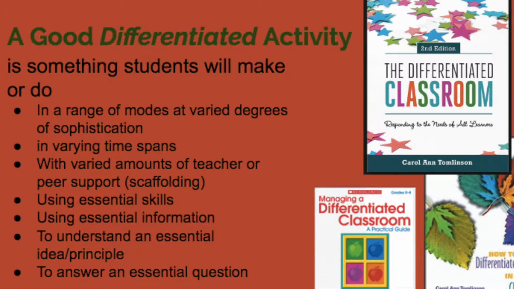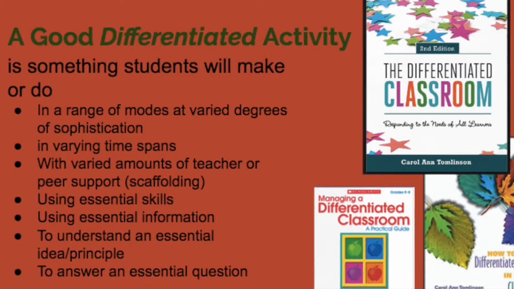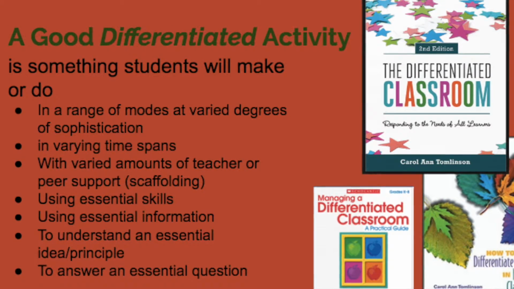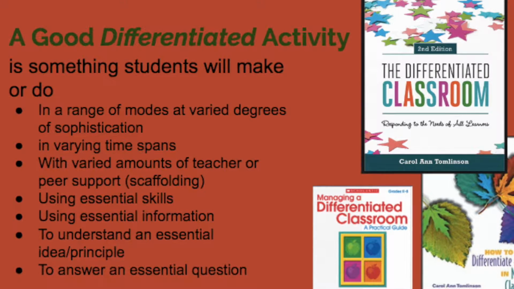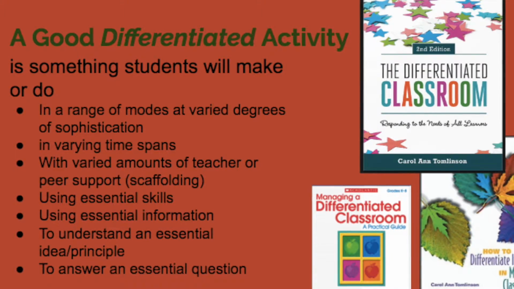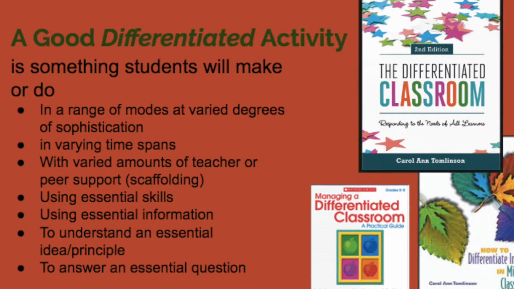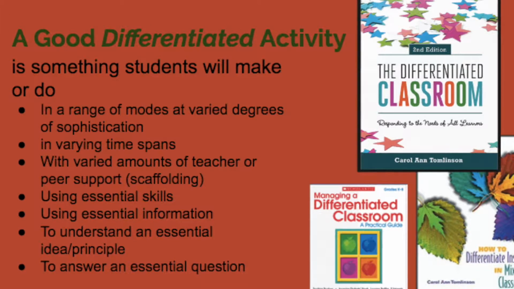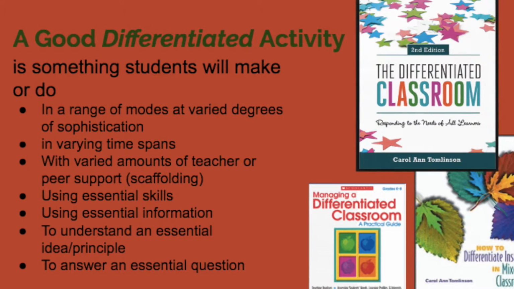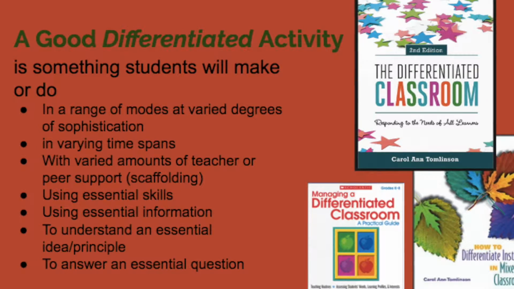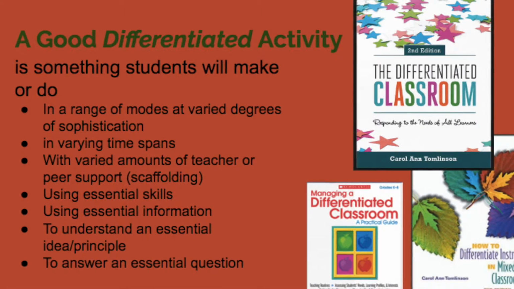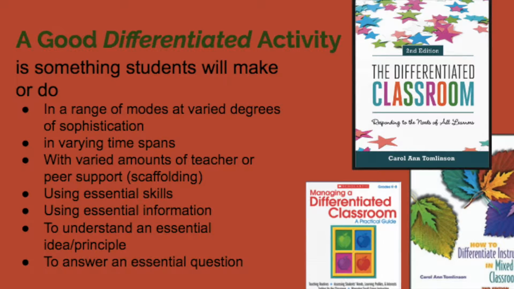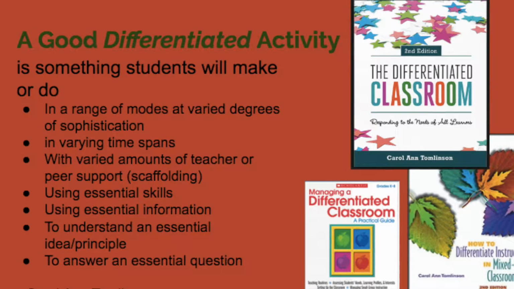However, a good differentiated activity is something students will make or do in a range of modes at varied degrees of sophistication in varying time spans. Something with varied amounts of teacher or peer support, scaffolding. Something using essential skills and essential information to understand an essential idea or principle and to answer an essential question."